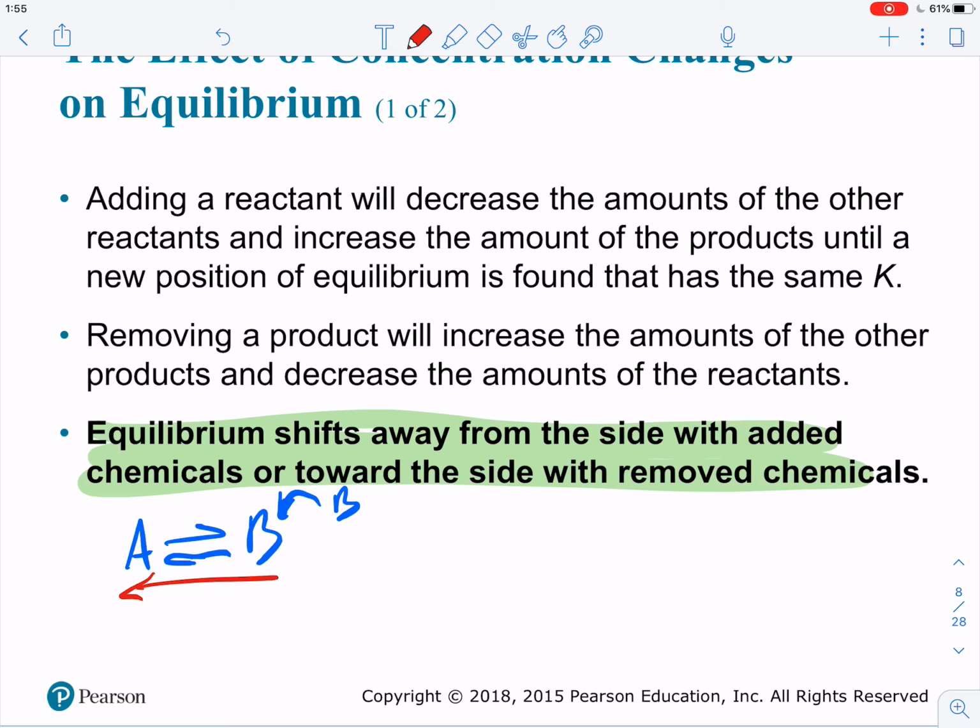So if the side that you are adding more is the product side, your equilibrium will move away, so it will favor reactants. Okay?